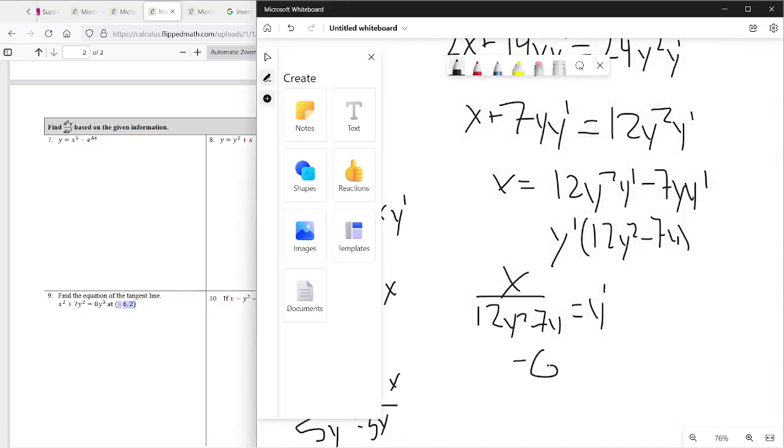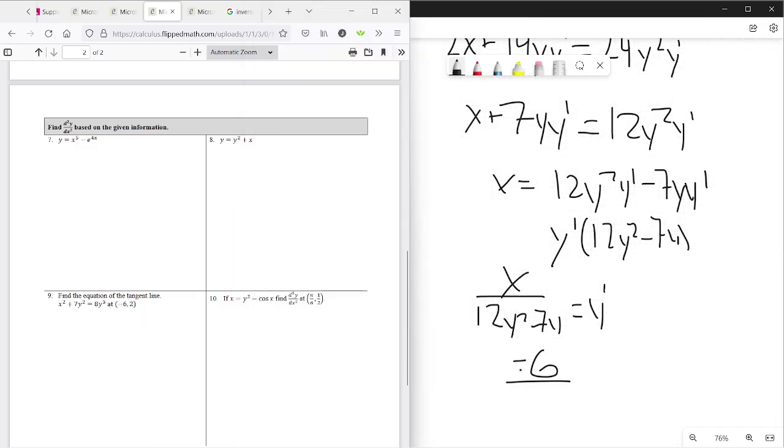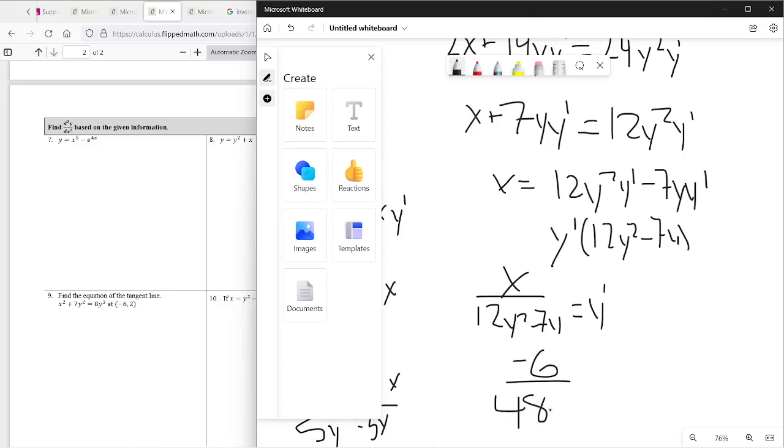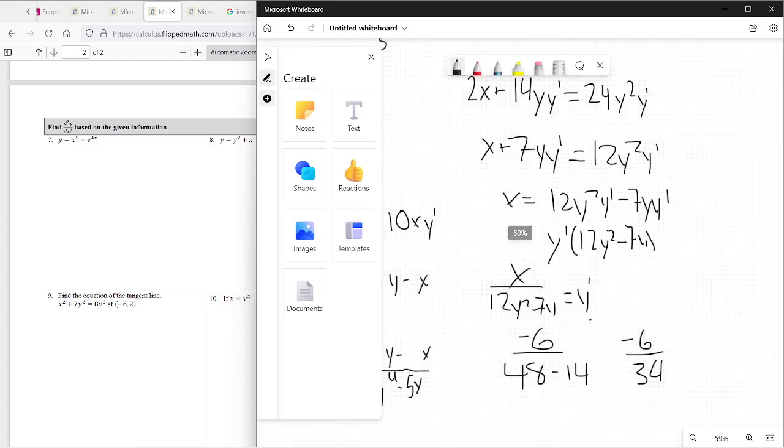So it's going to be negative 6 over 12 times 2 squared, which is 48, minus 14, negative 6 over 34. I surely have done something wrong.